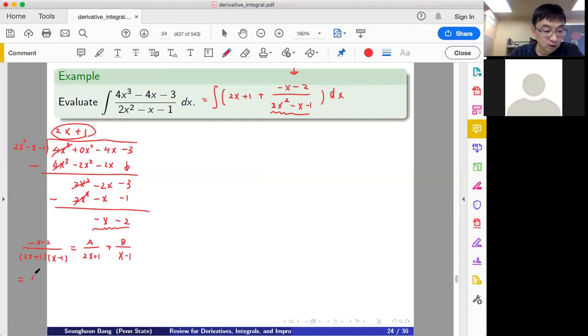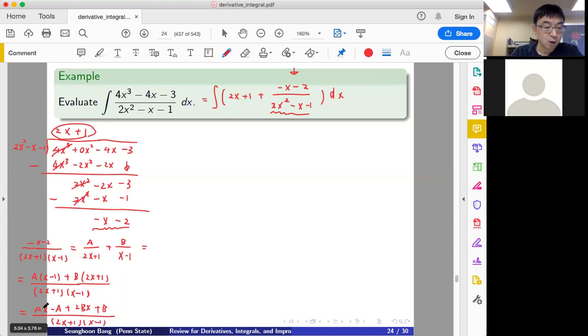A times x minus 1 plus b times 2x plus 1, over the 2x plus 1 times x minus 1. So this is the same as ax minus a plus 2bx plus b over the 2x plus 1 times x minus 1.